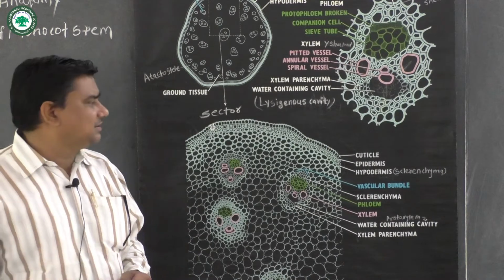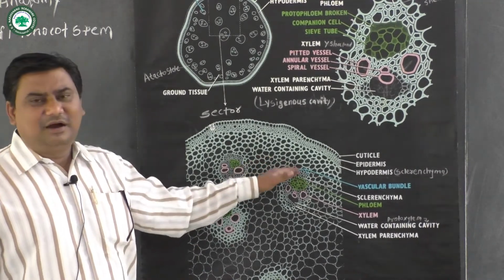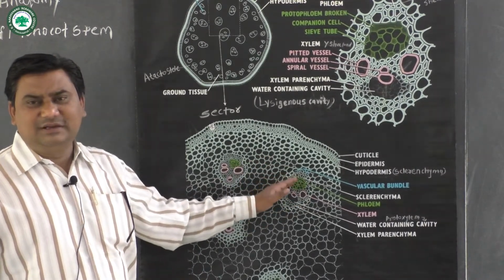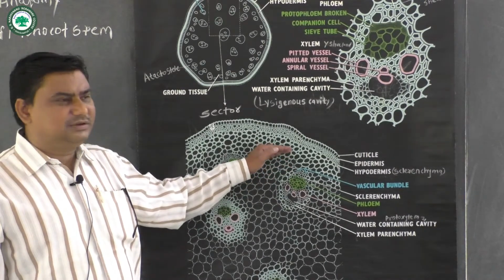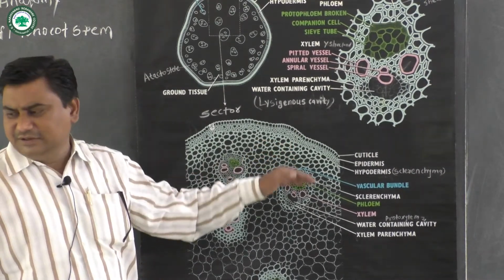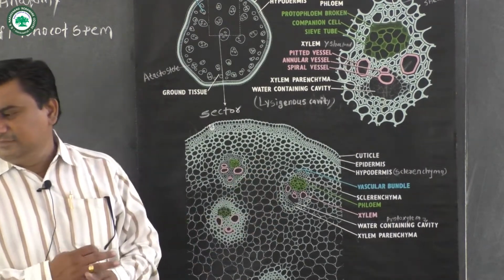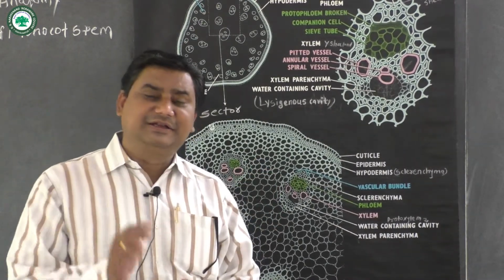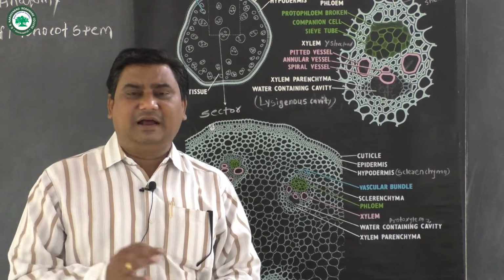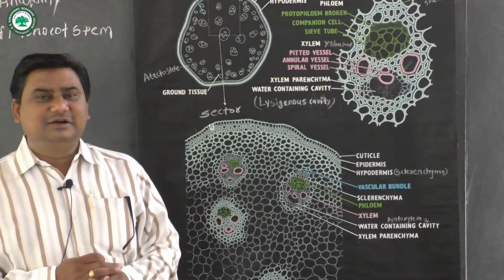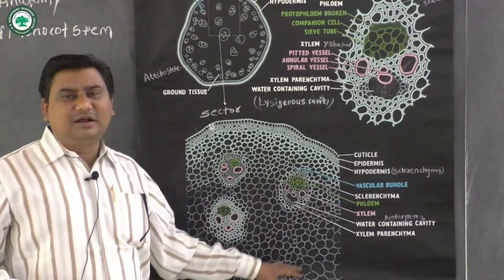About the cortex, in the monocot stem the endodermis, cortex, pericycle and medullary rays are absent. Here there is only ground tissue.